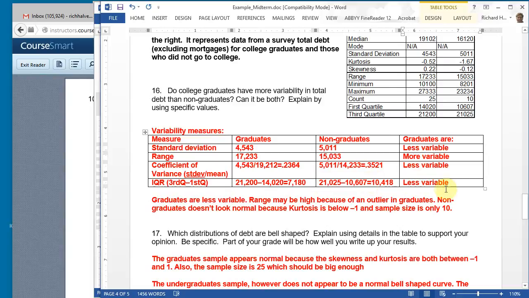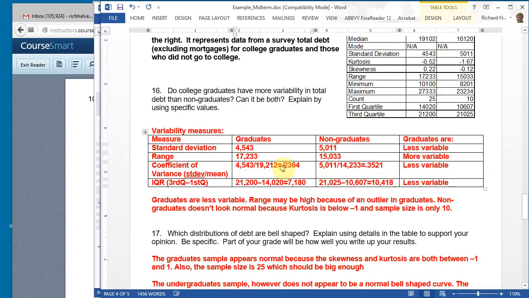Really, the telling number, though, is because the data is not normal, we would look at interquartile range. Here, the graduates are less variable, hands down, and if we do look at the standard deviation, which doesn't really apply here, it's smaller in that case too.